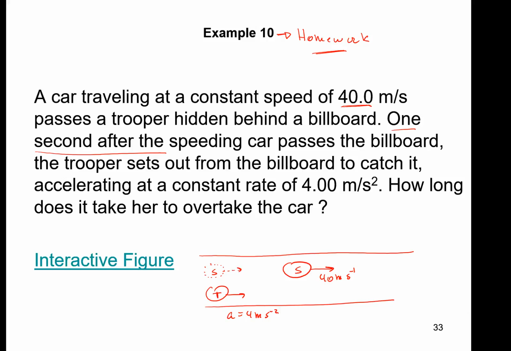The first thing you need to do is figure out where the speeder is when the trooper takes off. And after that, you can then set the equation for the speeder, the equation for the trooper, and you just then need to see what happens when they are side by side.